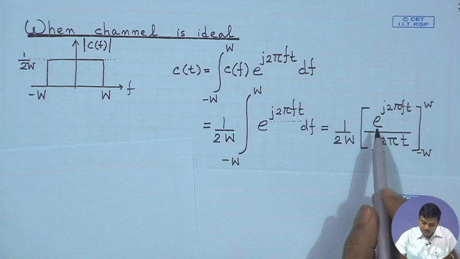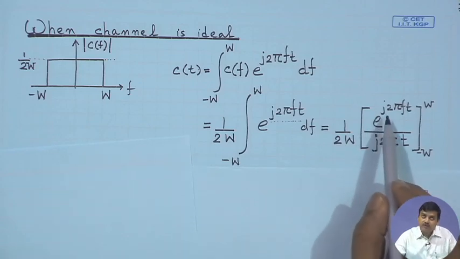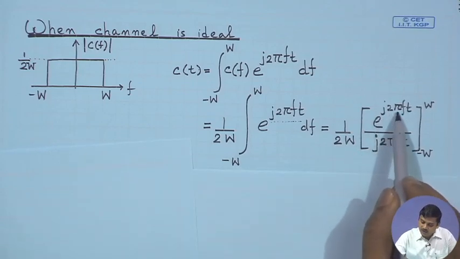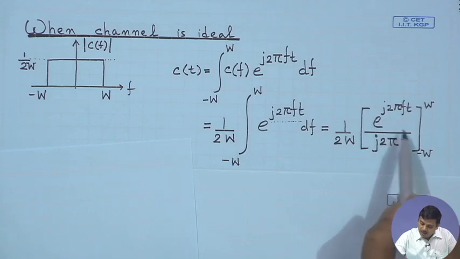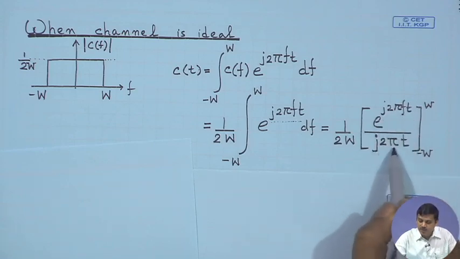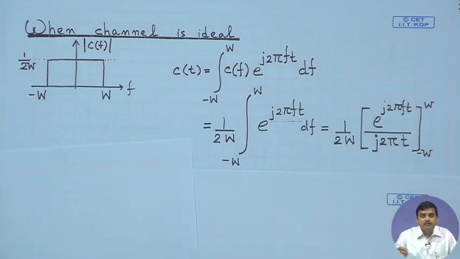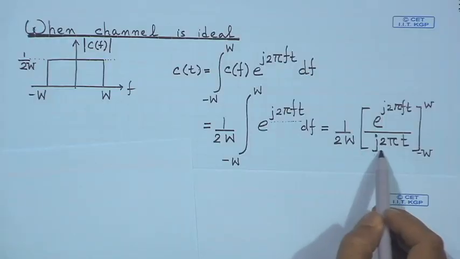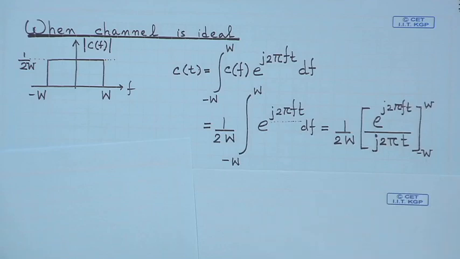So, if you do it, you can easily see that we have e to the power of j 2 pi W t minus e to the power of j 2 pi minus W t, with a j 2 pi. So, e to the power of j theta minus e to the power of minus j theta is equal to j times 2 times sin theta. So, what we have in the denominator is j and 2, so this j would cancel out.